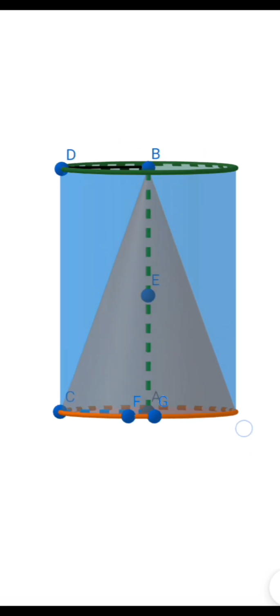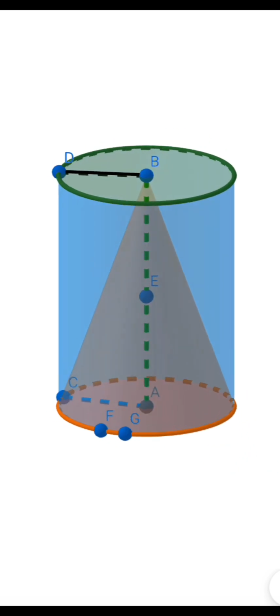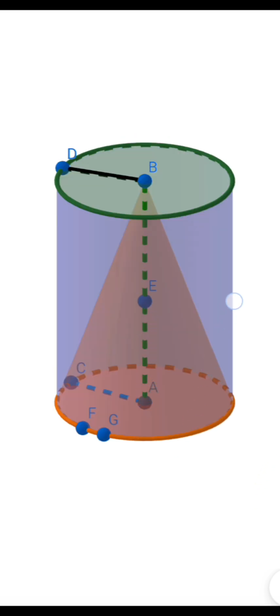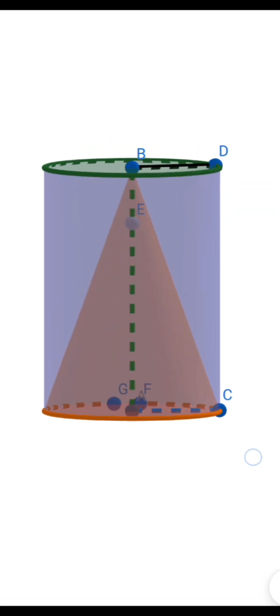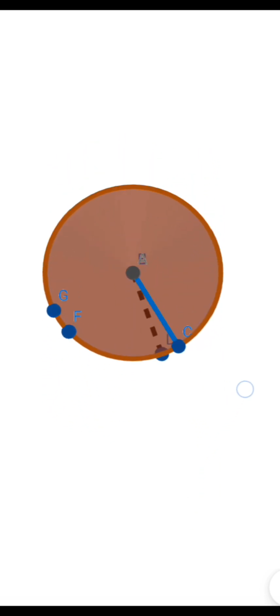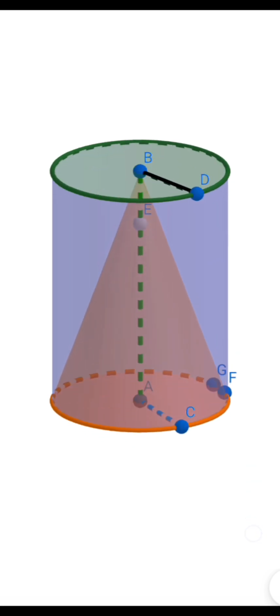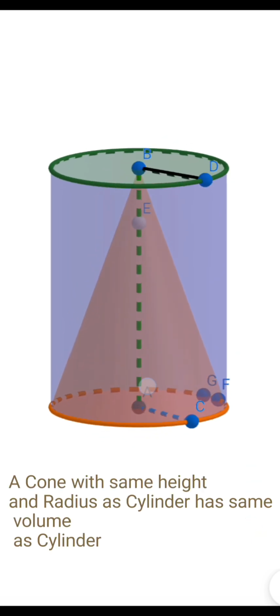We know that the volume of the cylinder is pi r square h and volume of the cone is 1/3 pi r square h. If practically I want to show, then this should be the situation in which we can clearly see that the radius of the cone and the cylinder should be same, and the height of the cylinder and cone should be same.